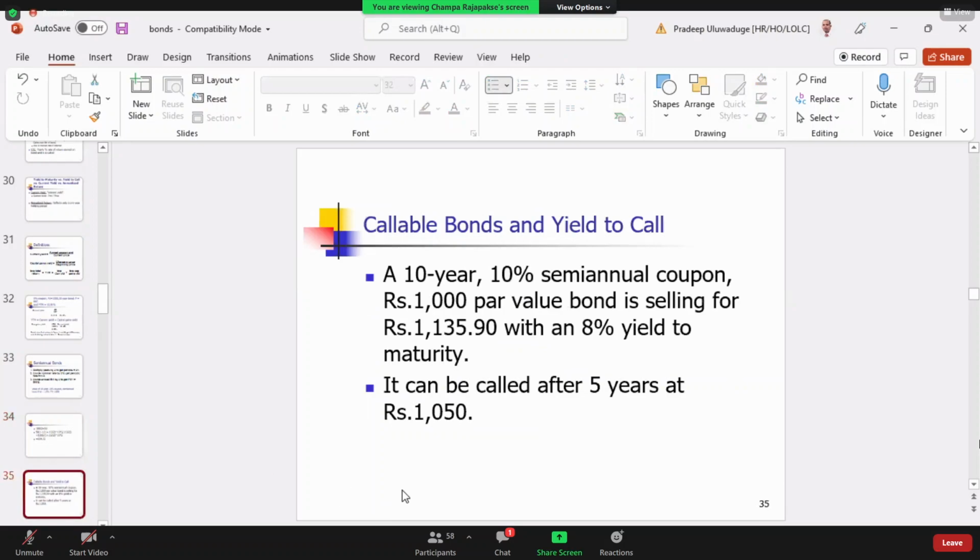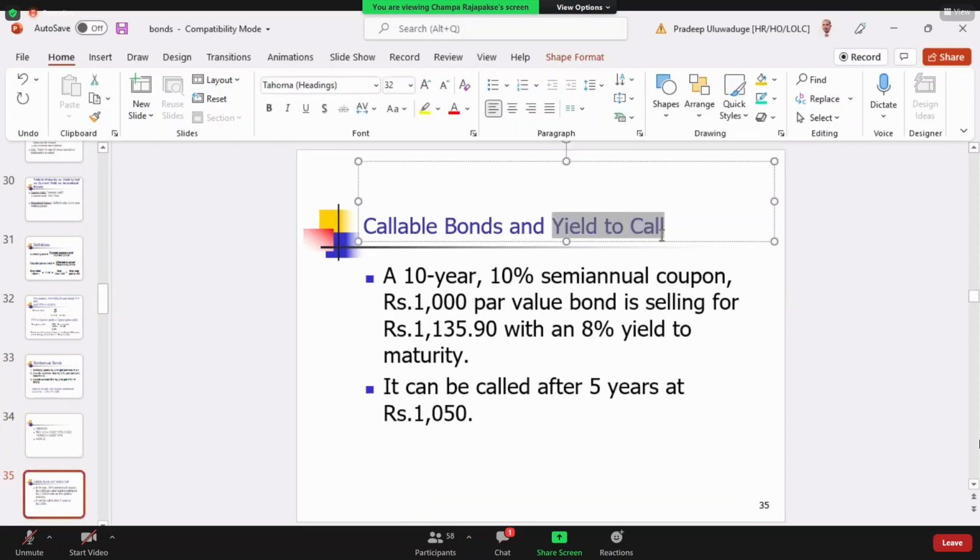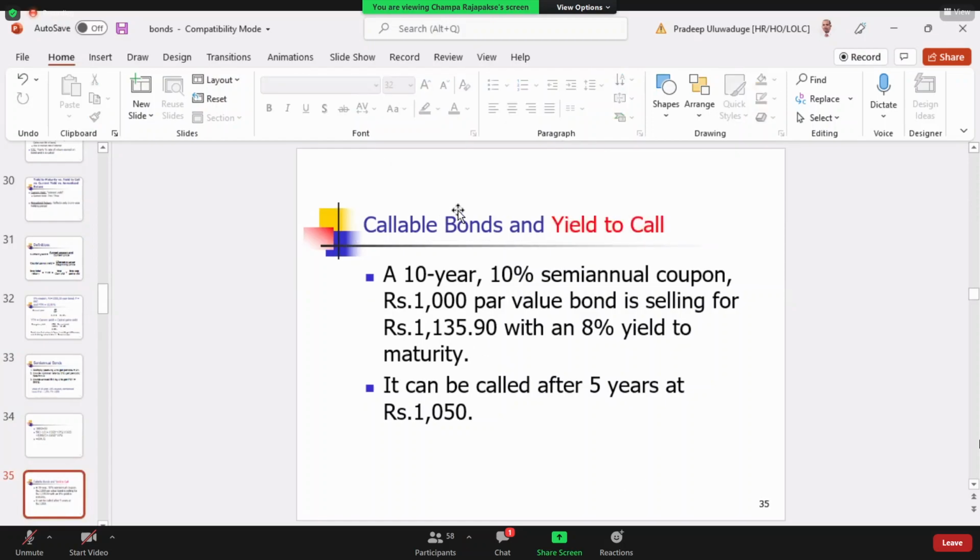So we come to callable bonds and yield to call. We talked about yield to call earlier also. We talk about the call provision. If at the time of issue we have stated that the bonds can be called before maturity, you call them callable bonds.